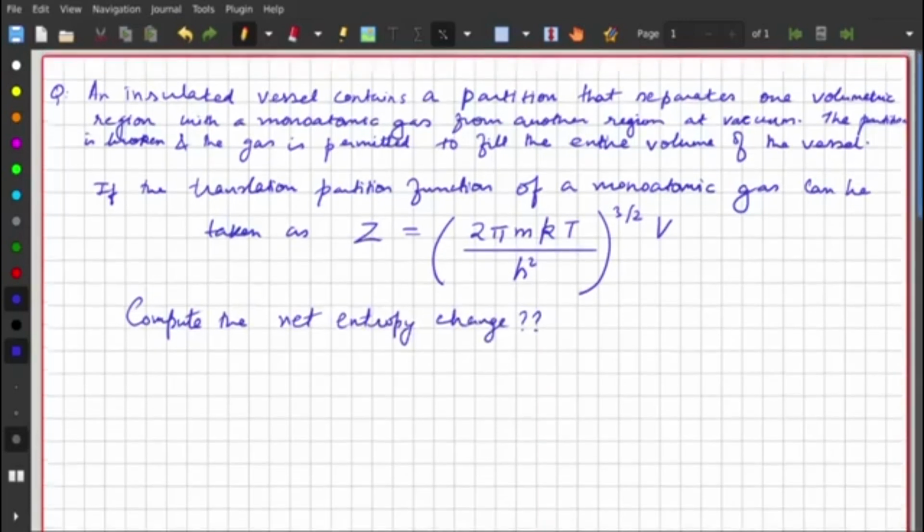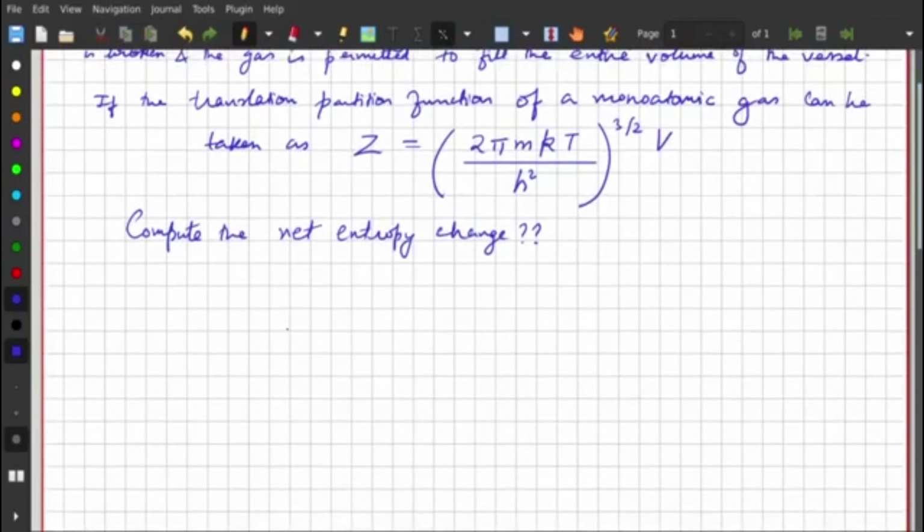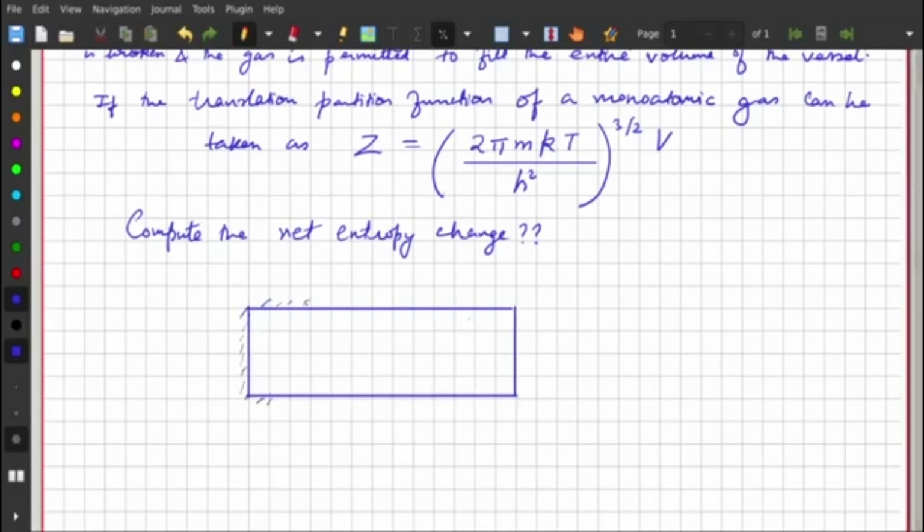During the process. So let us draw the schematic of the situation that we are dealing with. So let's say this is the container that we have, the vessel. Okay, so this is an insulated vessel and this is insulated. That means the vessel cannot exchange either matter nor energy from anywhere outside this vessel.